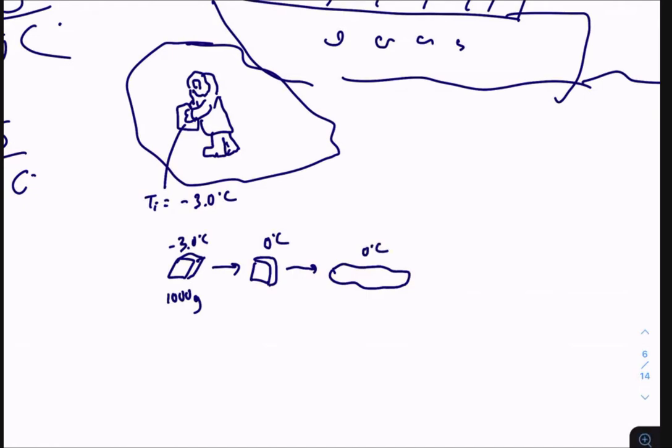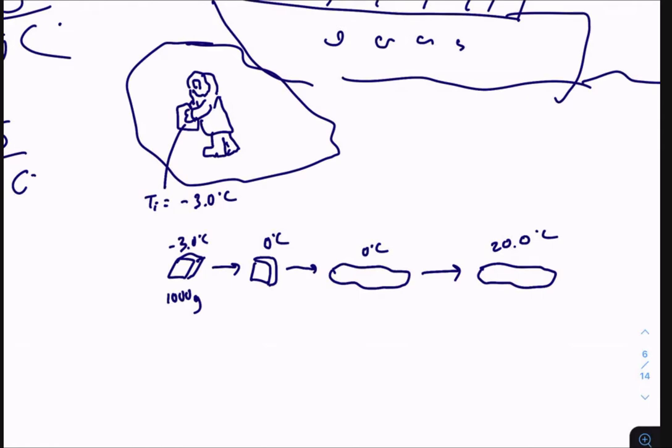And then after it has melted, it's going to reach thermal equilibrium with the air temperature in the room. What's a reasonable temperature in a room? 20 degrees. So this is the thermal change that this kilogram of Arctic ice is going to go through.